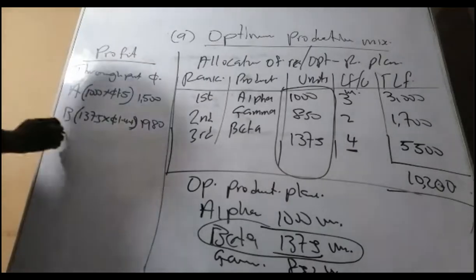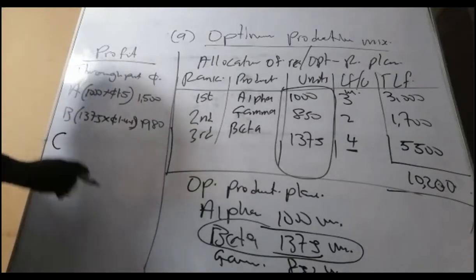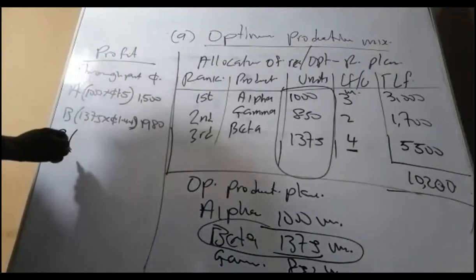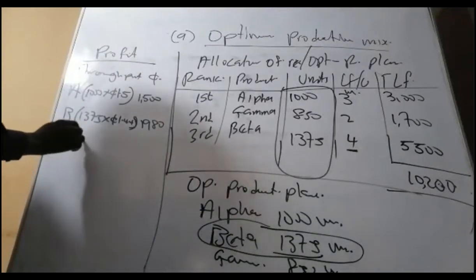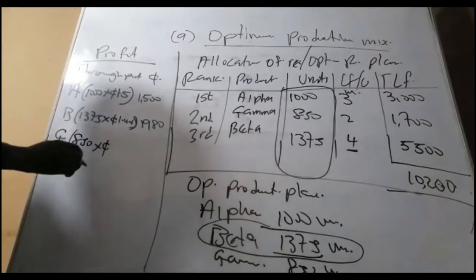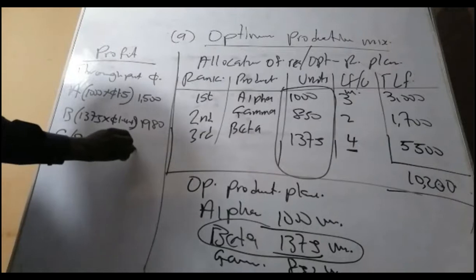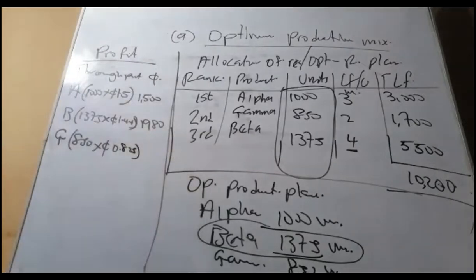Okay. Gamma: 850 times Ghana cedis of 0.825. So that will give us 850 times 0.825, and it'll give us 701.25. Agreed.